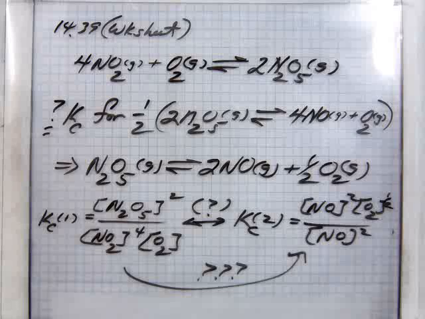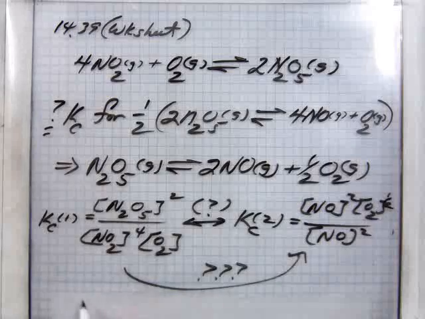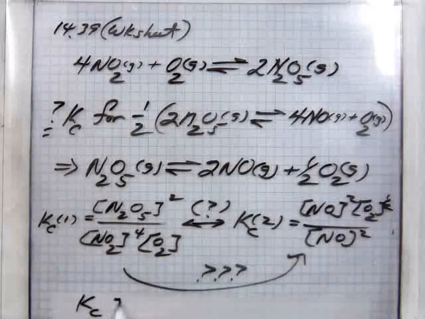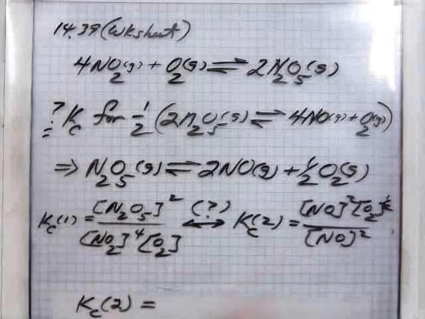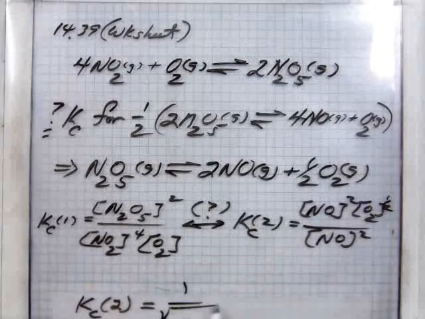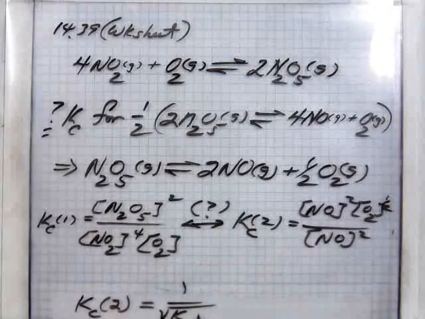So you have to look at each one and say, how did I go from the given to the question, which is cut it in half and reverse. So Kc2 is simply equal to 1 over the square root of Kc1.